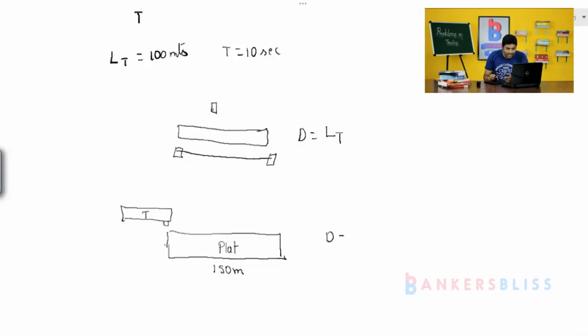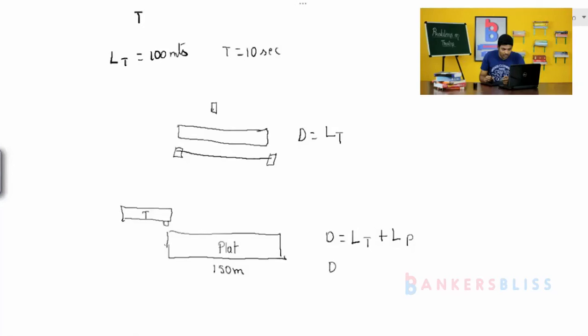So here we are going to take the distance as length of the train plus length of the platform. The entire train has to pass the entire platform, therefore distance is equal to length of the train and length of the platform.